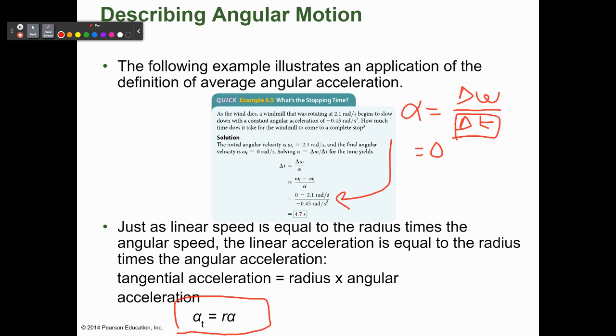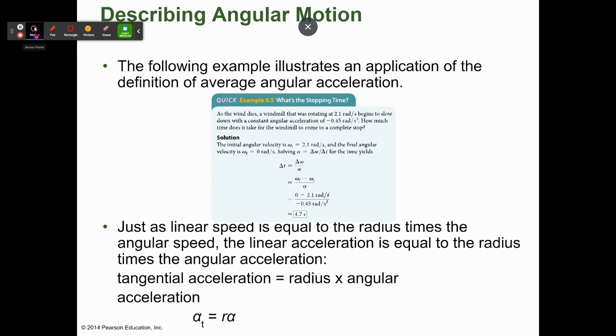So the tangential acceleration, that's why they're doing alpha t, is equal to the radius of the circle or radius of the path times the angular acceleration. Just like the tangential velocity was equal to the radius of the path times the angular velocity. So just make sure you understand that relationship between those two.